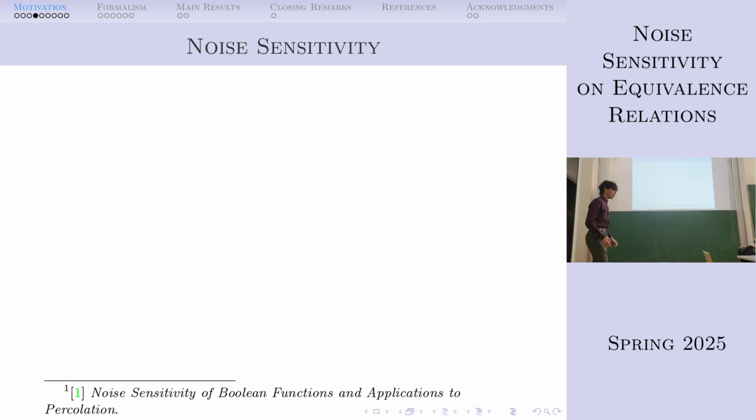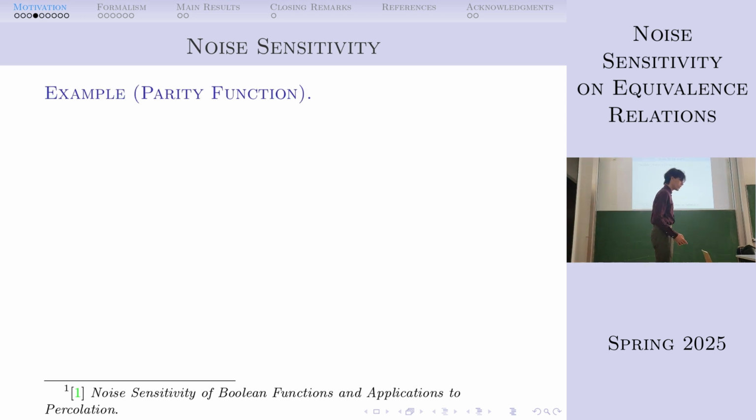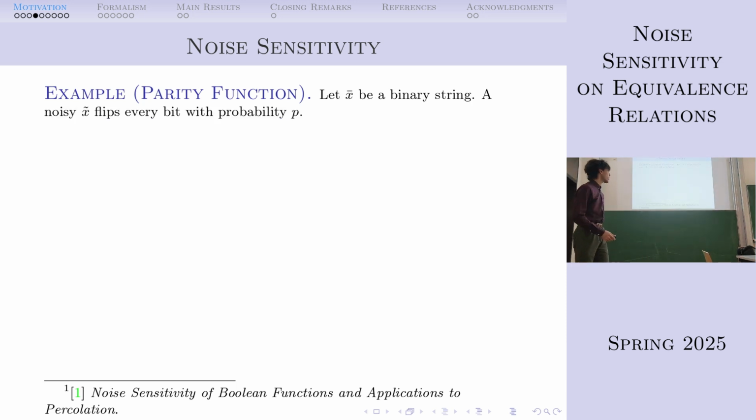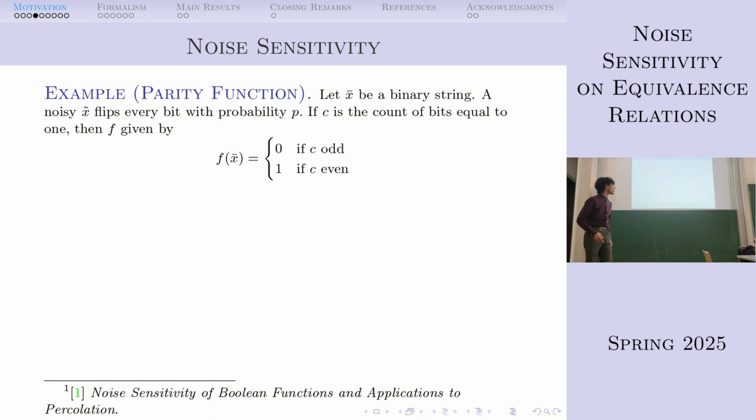So, what is noise sensitivity? I think this is best demonstrated with an example, which I'll go over very quickly because it's not really the core of the talk, but it gives a great motivation.